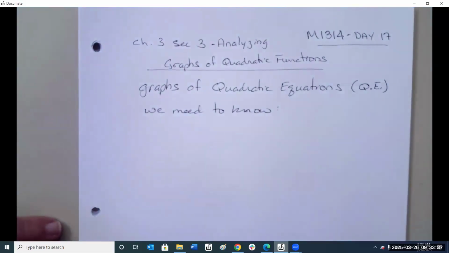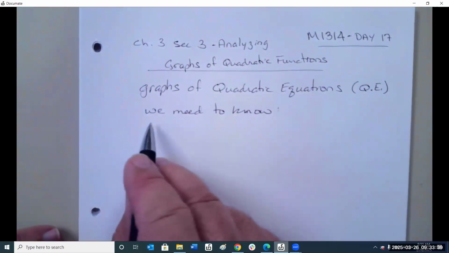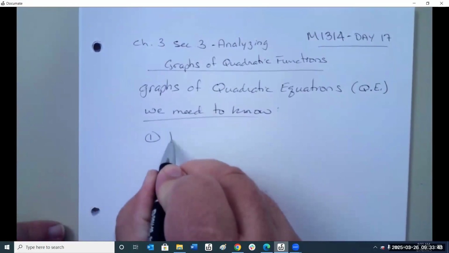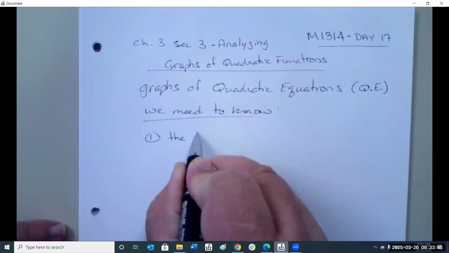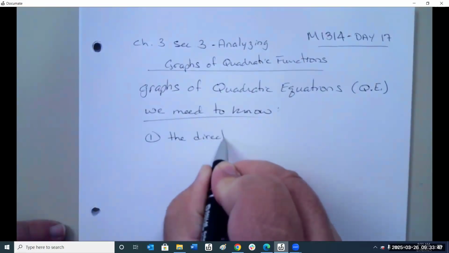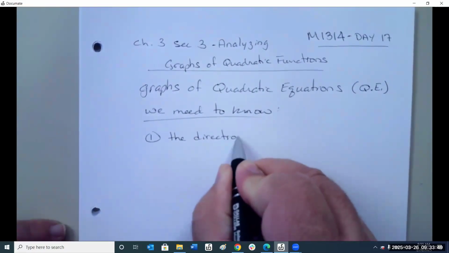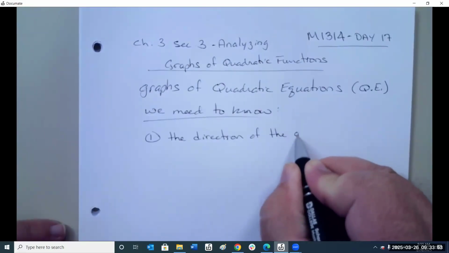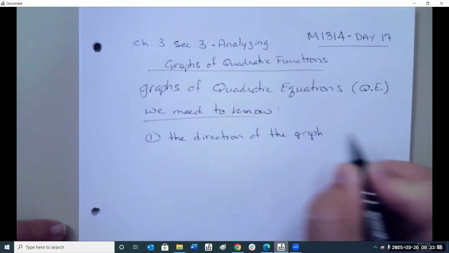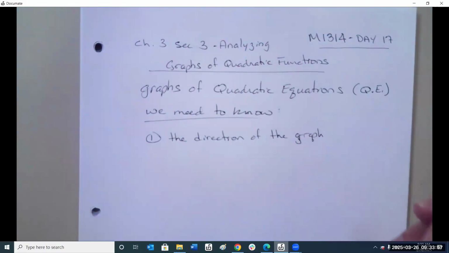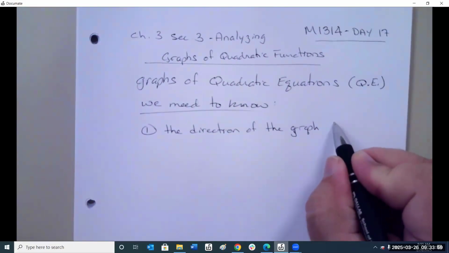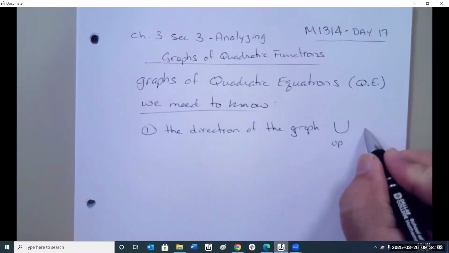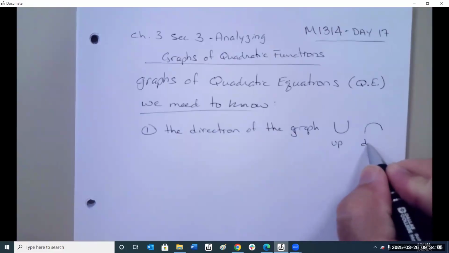To analyze the graphs of the quadratic equations, you need to know, one, the direction of the graph. In other words, does it open up or down?